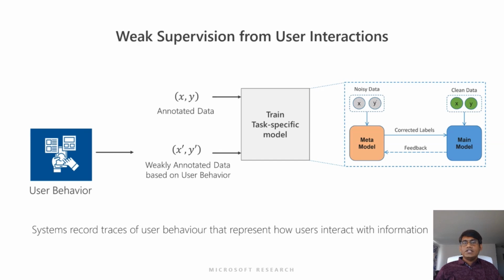These user interactions can be leveraged to understand their intent better for many NLU tasks. In this work, we consider some task-specific labeled data and these weak signals coming from user interactions that are jointly leveraged to train a meta model and a main model. The meta model helps the main model to learn via sample curation and label correction.